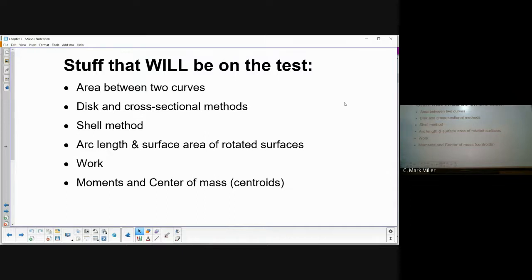Arc length. The interesting part, and I've told you this before, is that you're going to take a square root of 1 plus the derivative squared.